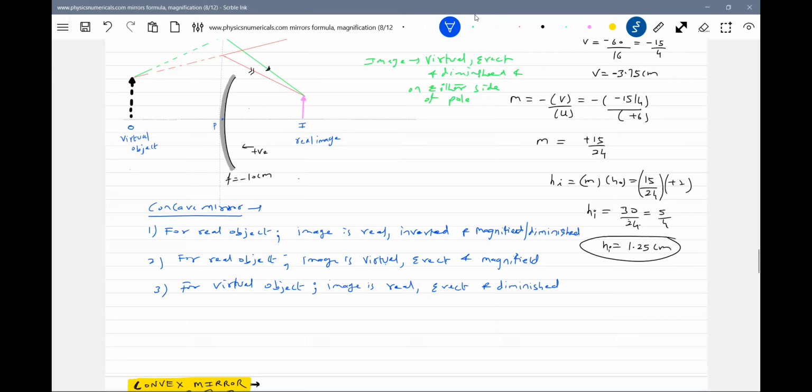So concave mirror: for a real object, the image will be real, inverted, magnified or diminished. For a real object, the image will be virtual, erect, and magnified. For a virtual object, the image is real, erect, and diminished. For a virtual object, it cannot form a virtual image. So what is not possible for a virtual object? A concave mirror cannot form a virtual image. This is the primary conclusion. Okay.